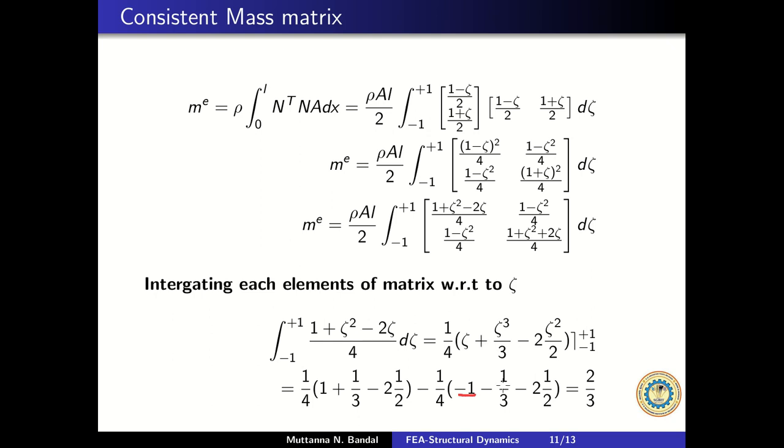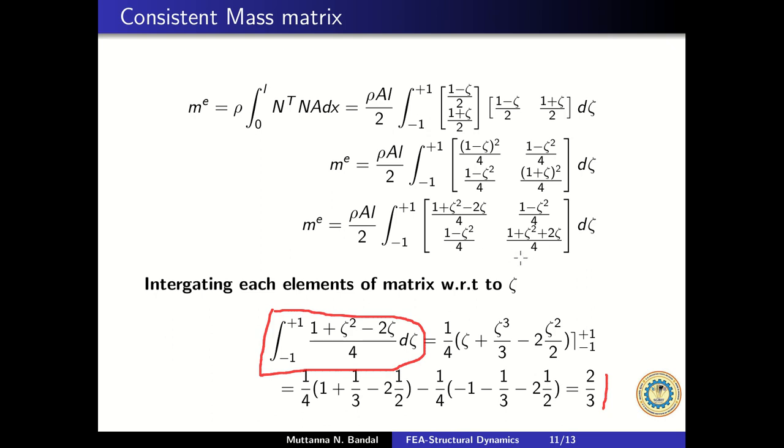So zeta cube is minus 1 into minus 1 into minus 1, it will be minus 1, so it is minus 1 by 3, minus 2 zeta square, minus 1 into minus 1 is plus 1, so 1 by 2. Upon simplification I will get 2 by 3. In the sense, the integration of this term can be reduced to 2 by 3.